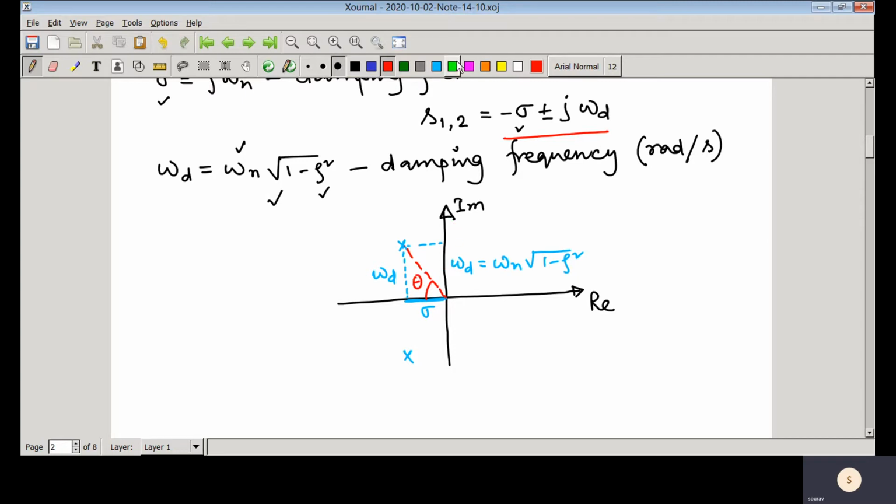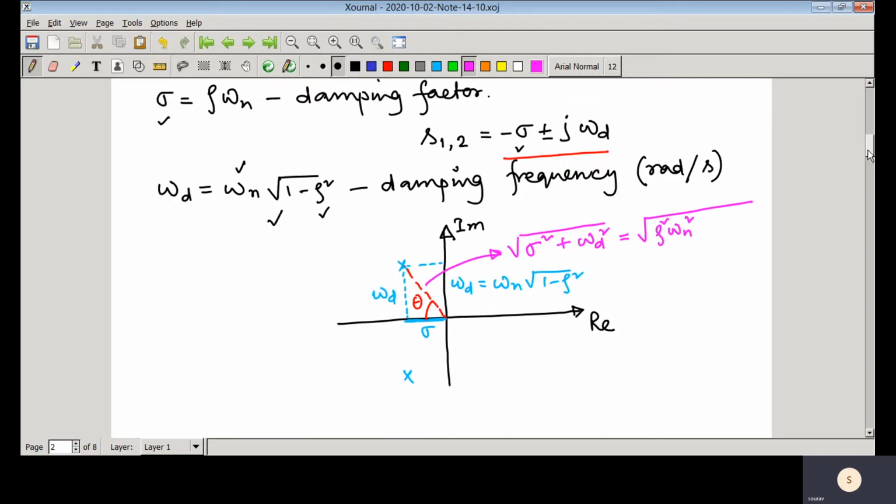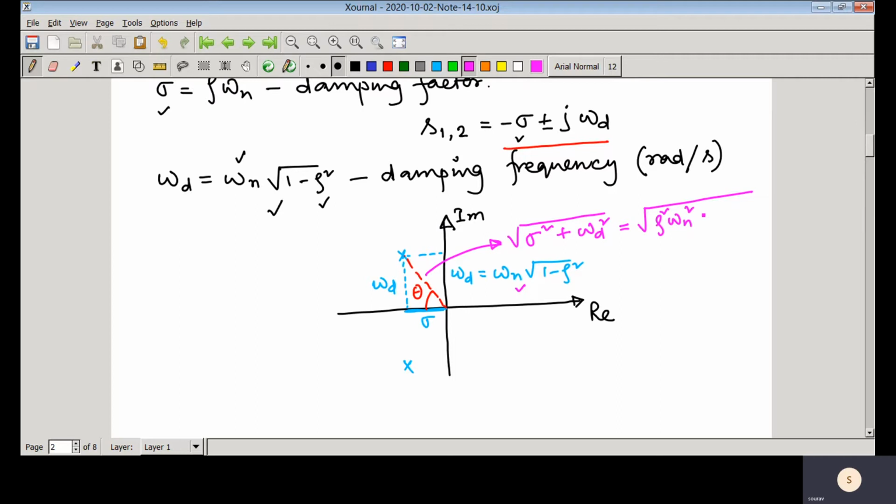And let us see what the hypotenuse is. It is the square root of sigma squared plus omega d squared. Sigma squared is zeta squared omega n squared, and omega d squared is omega n squared times 1 minus zeta squared. So the zeta squared terms will cancel out, and it equals omega n. So this hypotenuse, this length, is omega n.